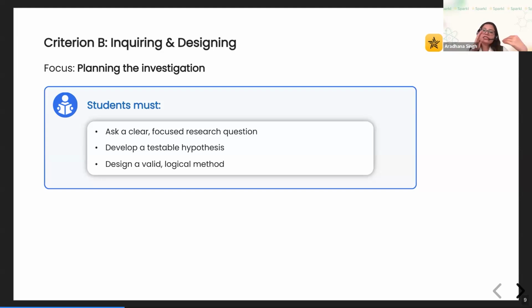A good research question can also include the CV if the variation between IV and DV is very much depending on the control variable. For example, if voltage is changing, the current will change at a constant temperature. So here temperature is a control variable, right?